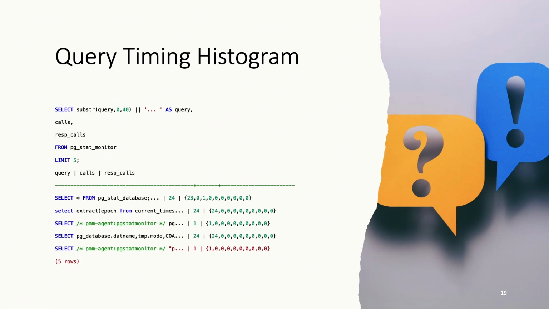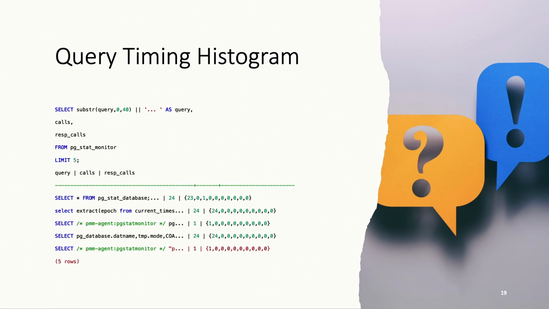So this query takes 1 millisecond 23 times, and this bucket is 2 millisecond, and it doesn't have any value. And this one is 3 millisecond, one time. You got my point?